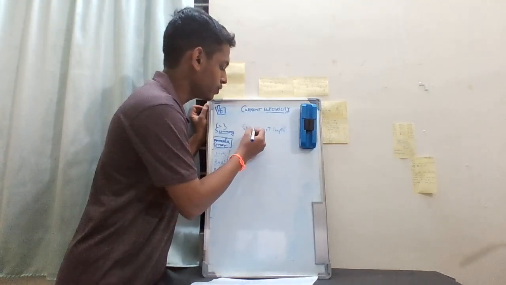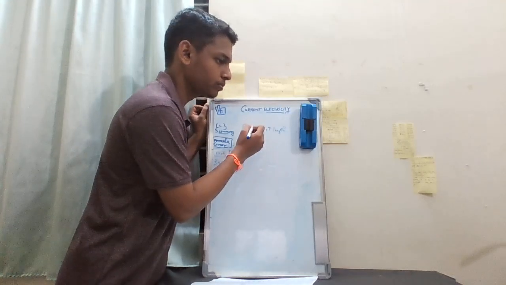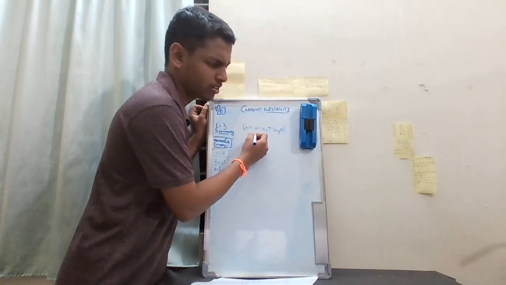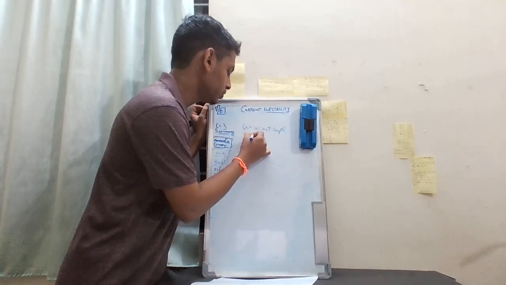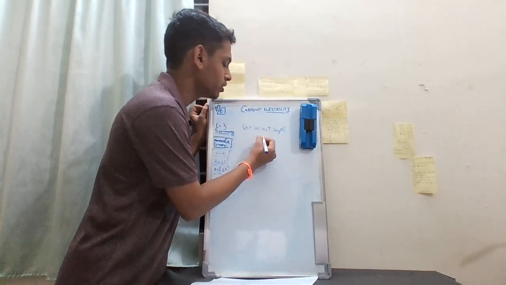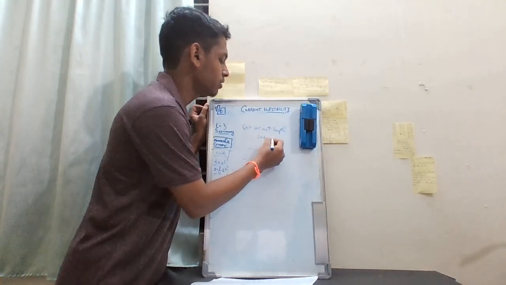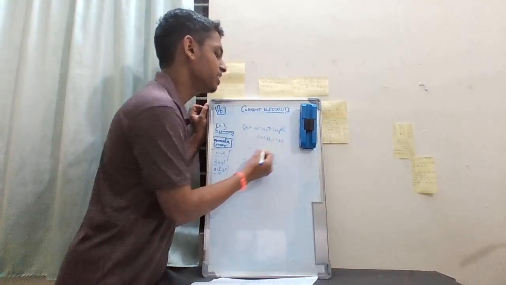So first of all, 30% means 0.3. L is the original length and increased means 0.3 L, so 1.3 L is the increased length.